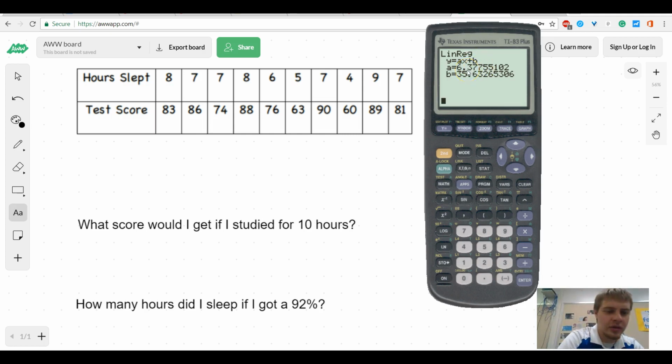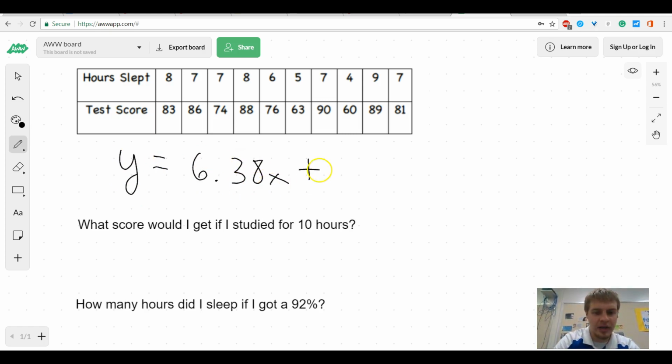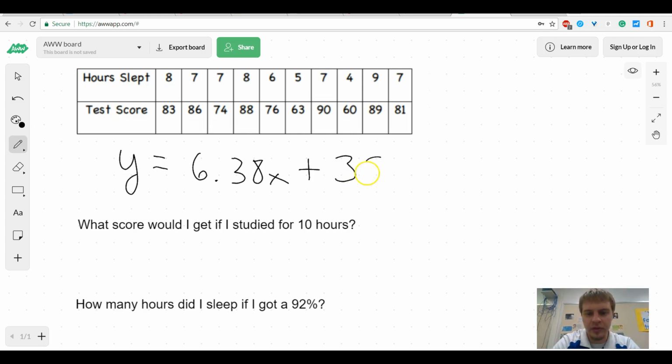So we're going to get y equals 6.38x plus, and then we look at our y-intercept, which is 35.63. Now we have our line equation, so we can use it to answer questions about our graph and our scatter plot.